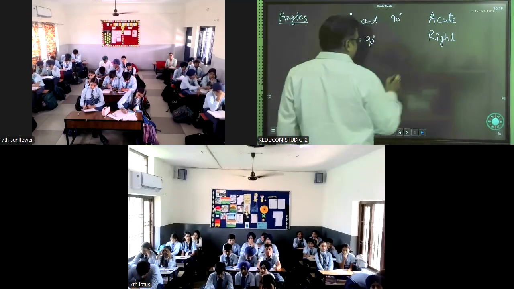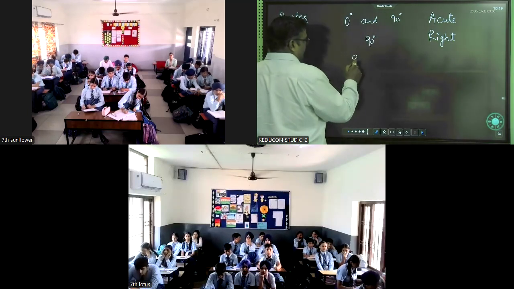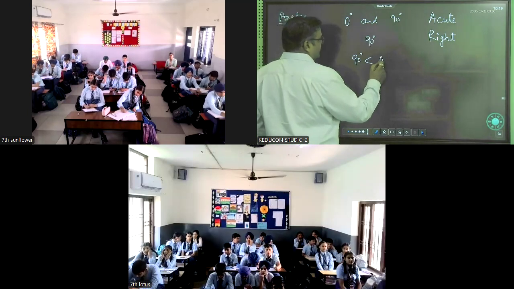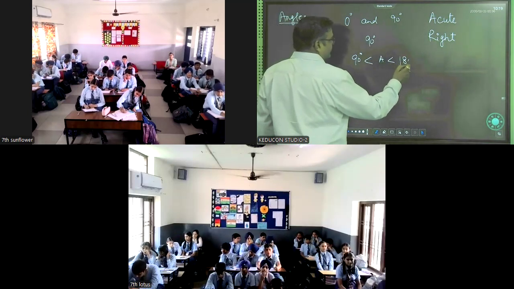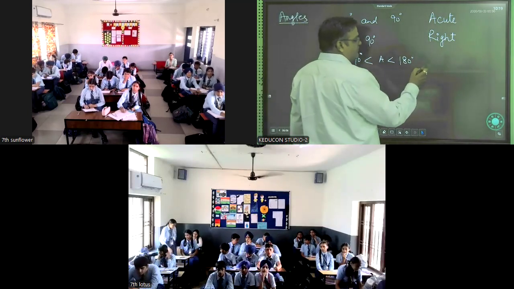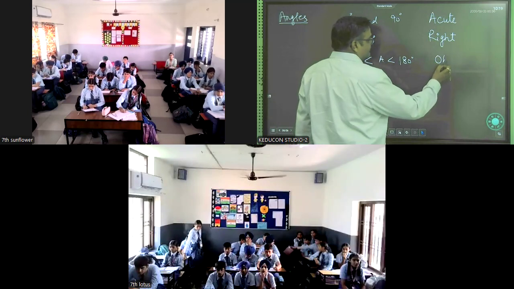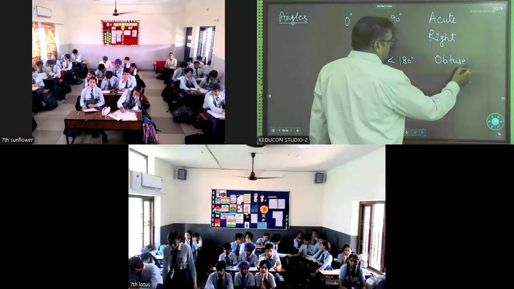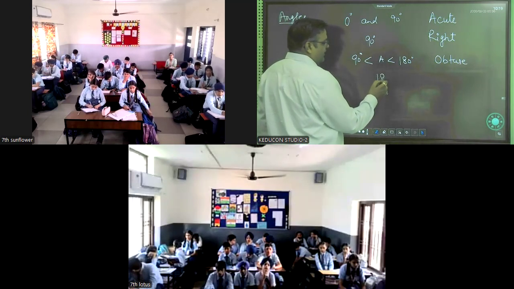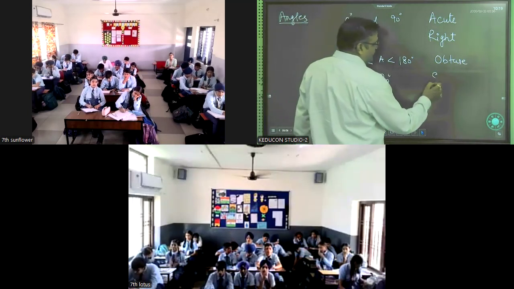The angle which is 90 degree is known as right angle. An angle which is greater than 90, let's say the angle is A, but less than 180 degree. What is the name given to them? Obtuse angle. The angles which are of 180 degree are known as straight angle.